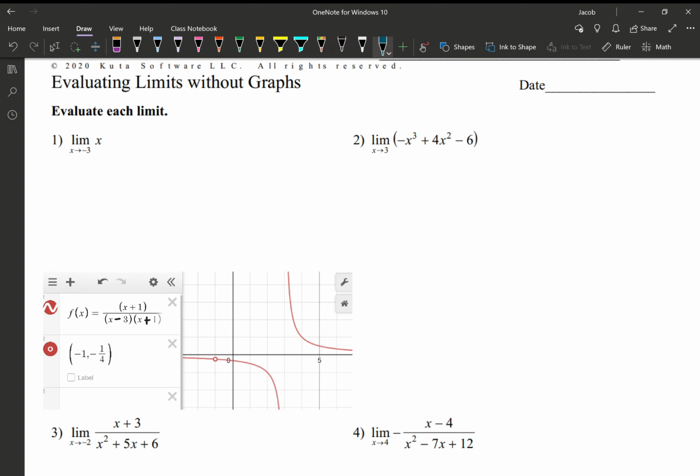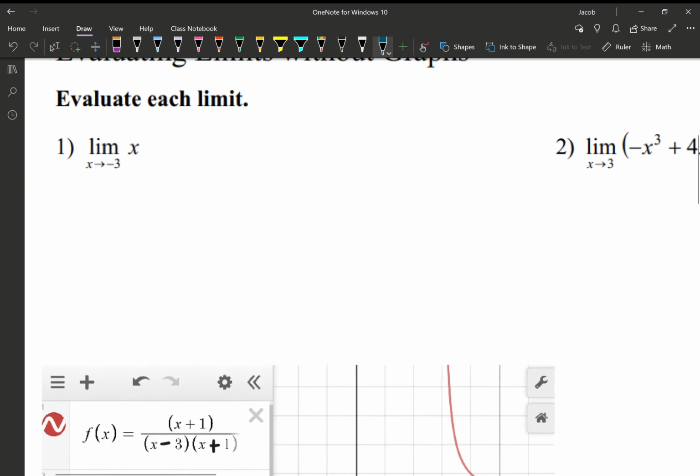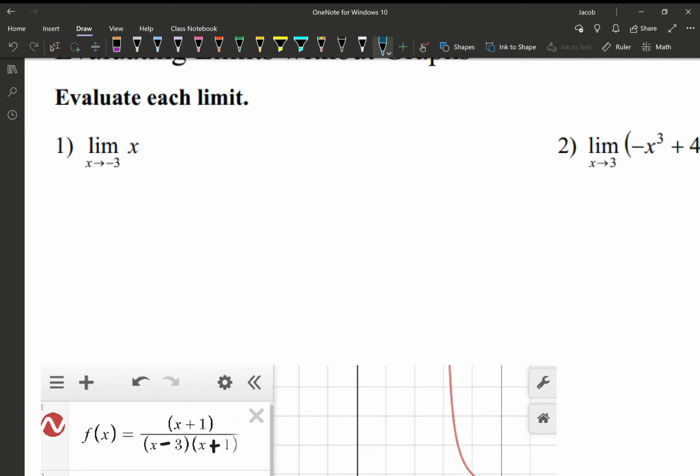So to start off, number one has the limit as x approaches -3 for our function x. Now, x is pretty easy to describe.